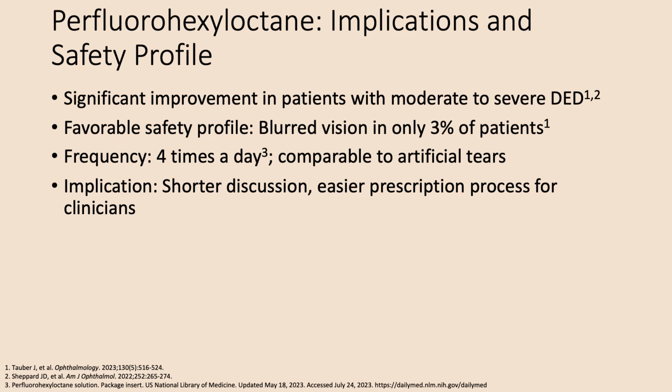And I think this is going to lead to, just like you were showing in your patient, being able to treat these patients who are already using an artificial tear, but just not receiving that kind of relief that they want, that they need. And having a profile like this will allow physicians to have a shorter discussion and an easier time getting patients the right treatment for their condition.